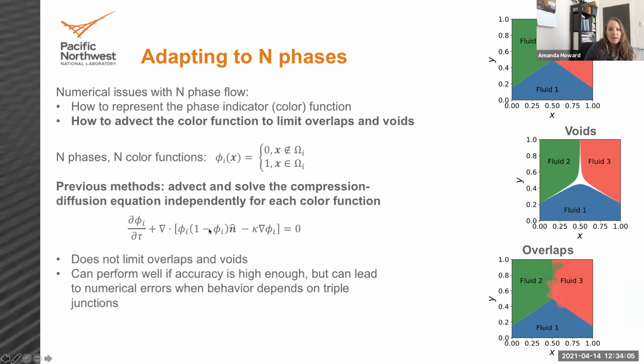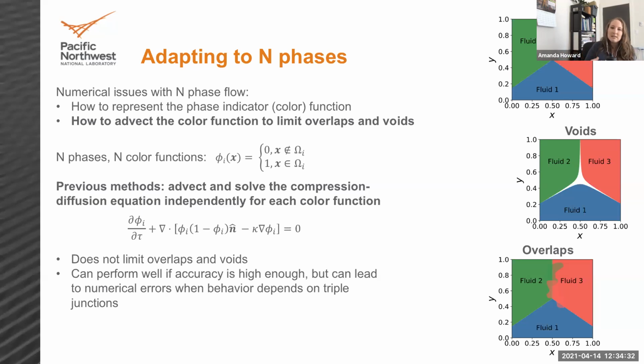And then what people tried was, okay, we're going to advect and solve the compression diffusion equation independently for each color function. And the problem with that is it doesn't limit overlaps or voids. So in the limit of the continuum model, if we could solve this exactly, our velocity field is smooth everywhere in the domain and continuous. So that means that this advection step should also be continuous everywhere, and we shouldn't get overlaps and voids.